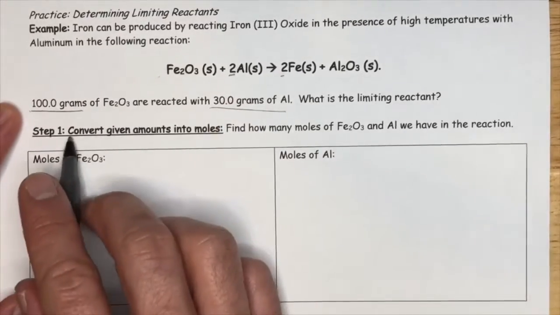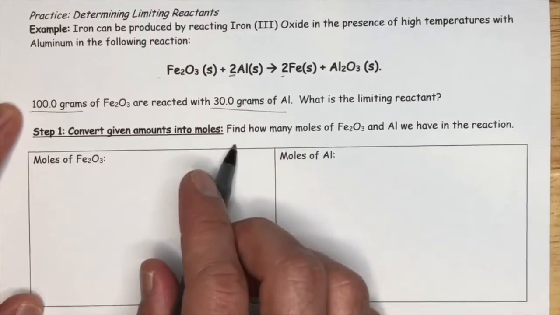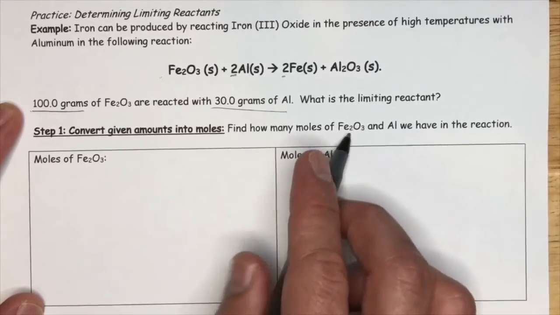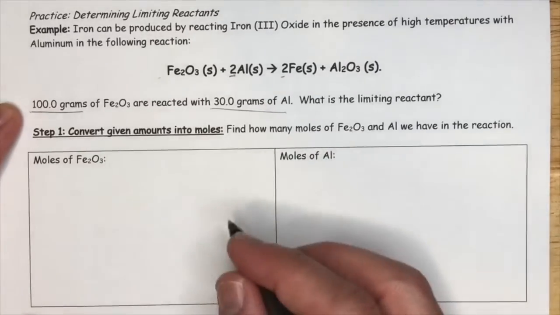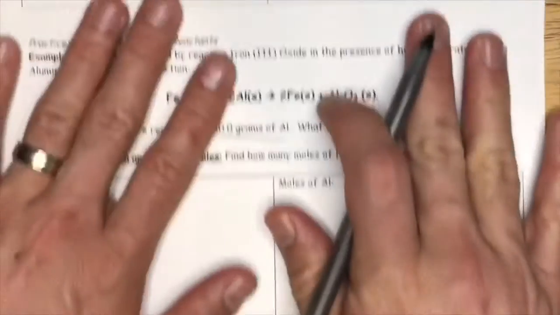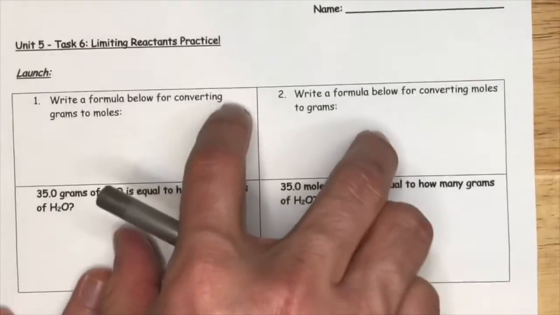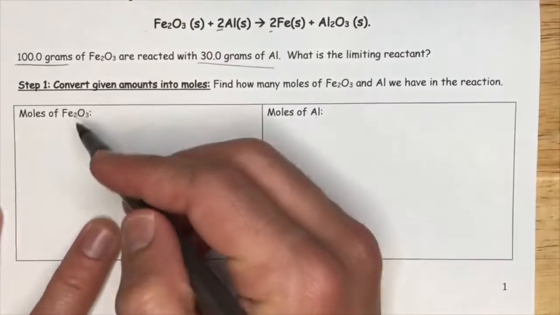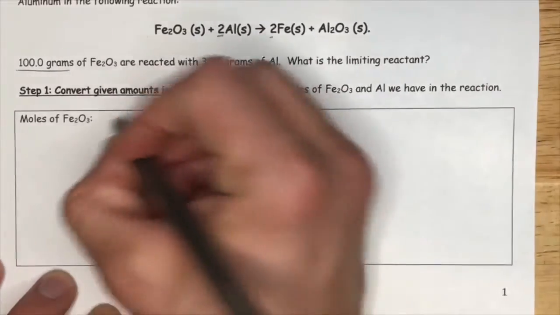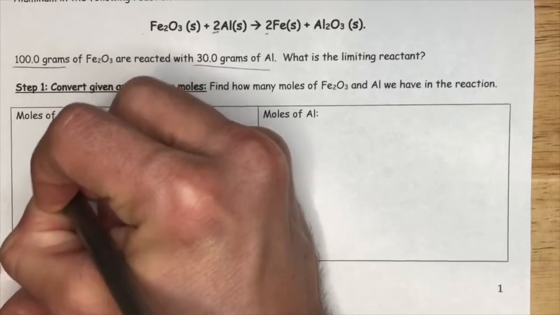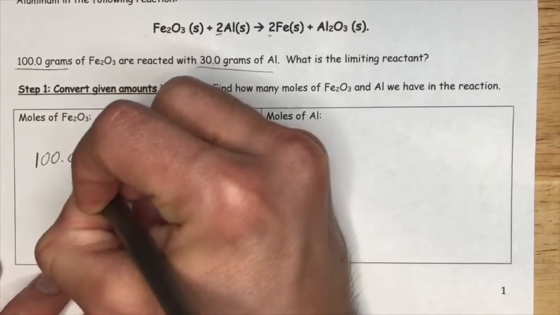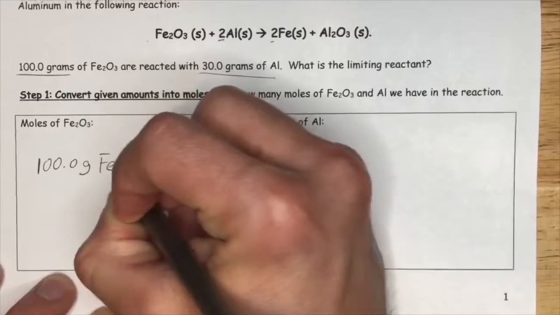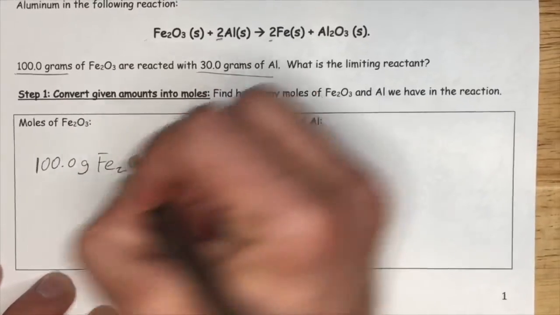So first step is going to be to convert given amounts into moles. We're going to find how many moles of Fe2O3 and Al we have in the reaction. So we'll do the same thing we did back in the first part, in our launch that we did earlier. So, moles of Fe2O3. We have 100 grams of Fe2O3.